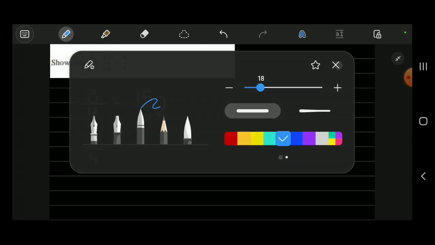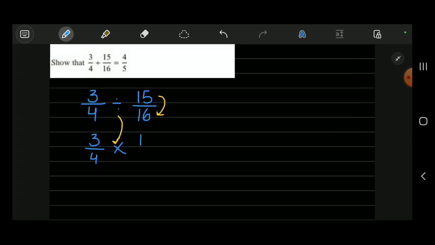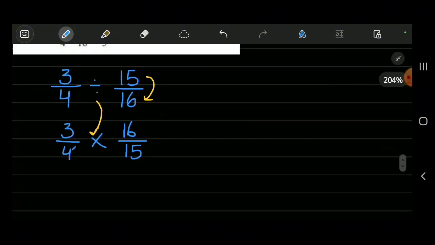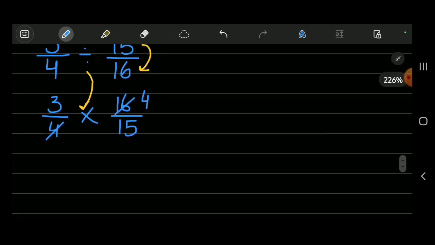So what we will do, 3 by 4 multiplied by 16 over 15. 4 times 4 is 16, and then okay, no need to simplify it at this point if you are still new to learning this, but you can do it.